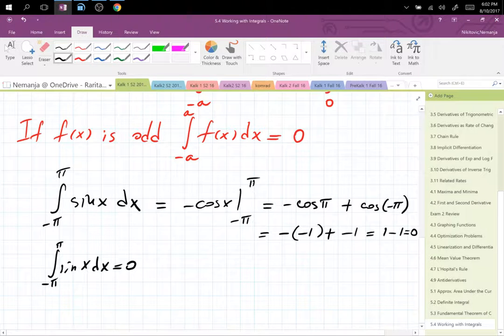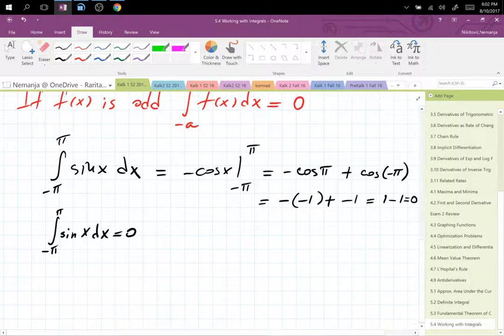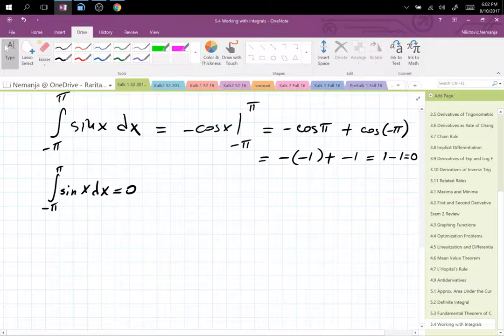You're going to run into very few situations like this in your calculus 1, 2, and 3. You are going to run into some of these more often in differential equations, down the line in math, where they're going to show up much more frequently.